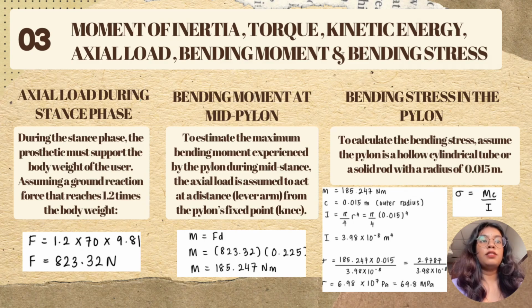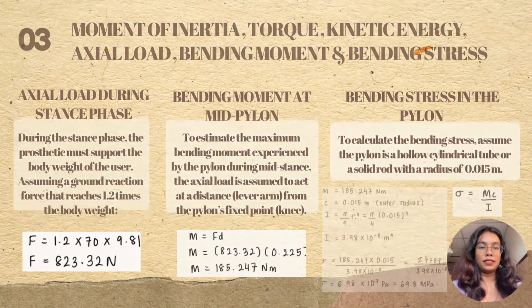When we substitute r, we get I equivalent to 3.98 times 10 to the power of negative 8 meter to the power of 4. Now we can find the bending stress. The formula is sigma equals Mc over I. When we substitute, we get the bending stress equivalent to 6.98 times 10 to the power of 7 Pascal. We can also change it to 69.8 megapascal.